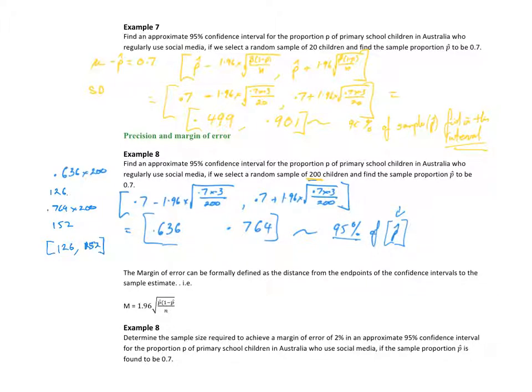If we follow that through, that 0.7 there is what we've observed, so this part of the formula can be considered the error.